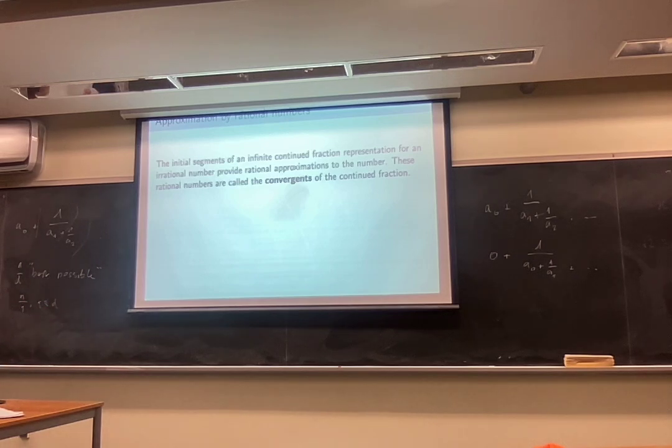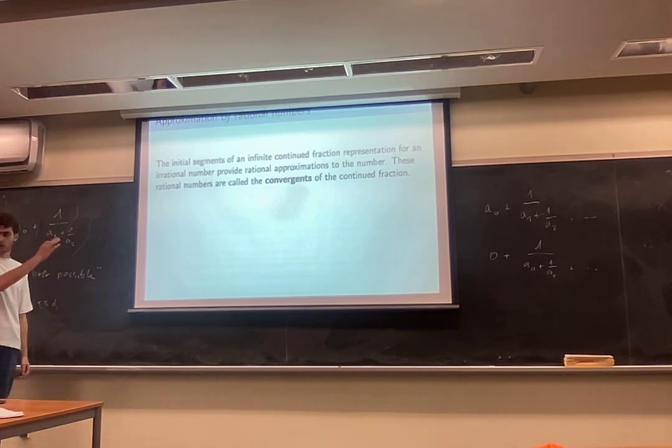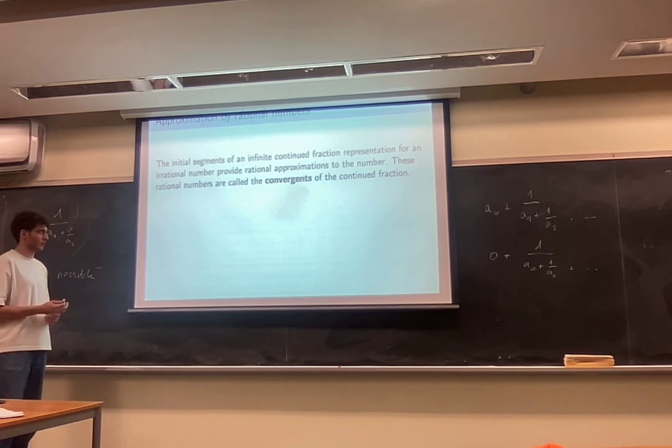That's what we mean by best possible in this case. And so when you have an infinite continued fraction, the convergents will generate every single time the best possible rational approximation to your irrational number.